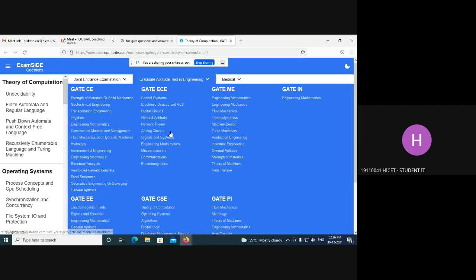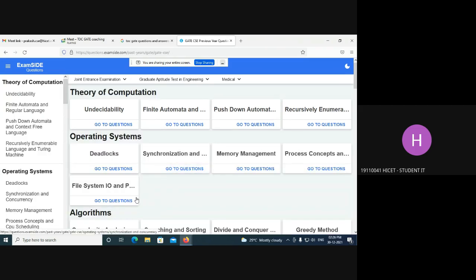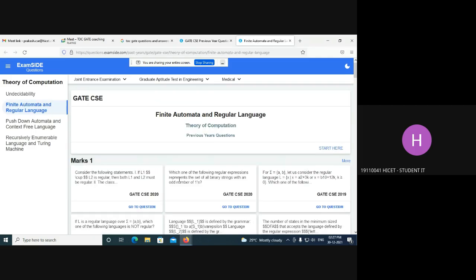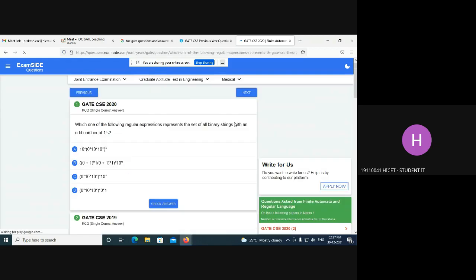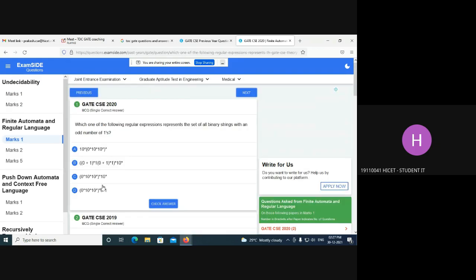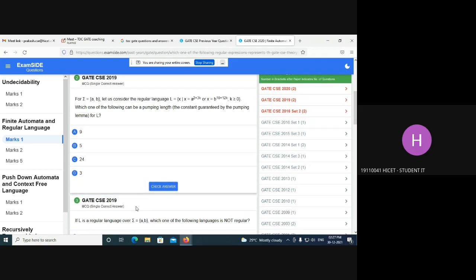Let us start with the question. That is GATE CSE, and here you have two types: one is finite automata and pushdown automata. Let us discuss one or two questions. Are you able to view the question? Yes, sir. Okay, here you can see the questions.